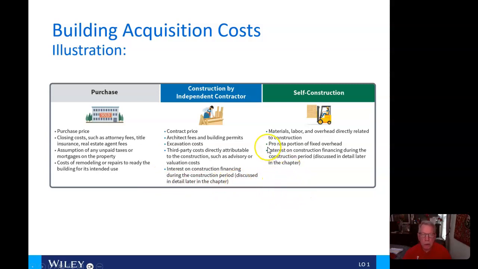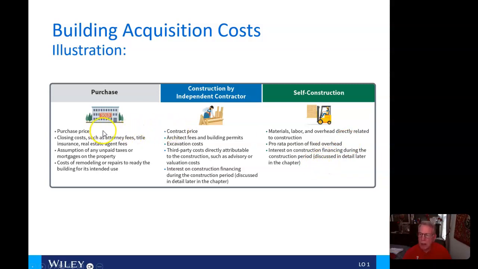And sometimes we construct things ourselves, and we'll have materials, labor, and overhead directly related to that construction. We're going to capitalize that labor and materials and overhead, a pro rata portion of fixed overhead, and then interest on construction financing during the construction period.